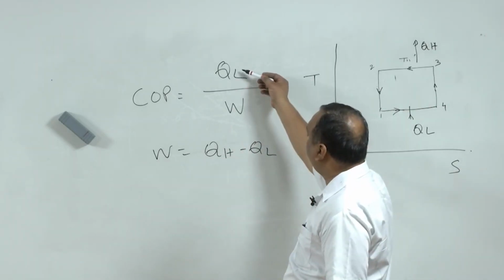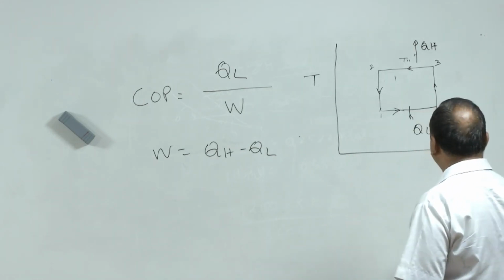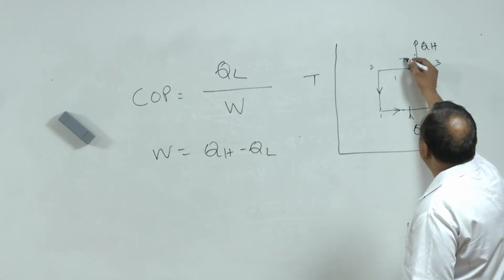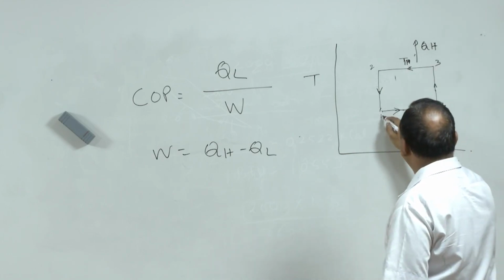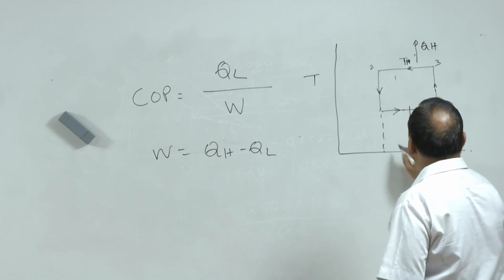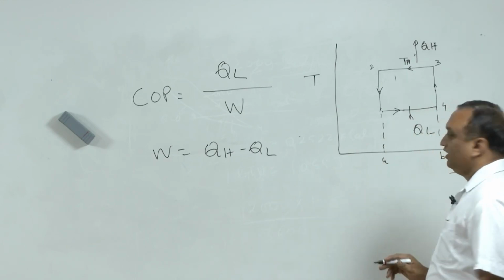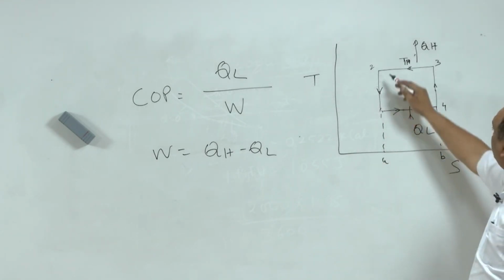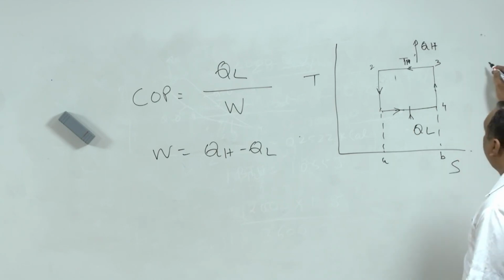If we are able to find QH and QL, we can find the COP of the system. In order to find the heat transfer at higher temperature, let us take the rectangle A23B.